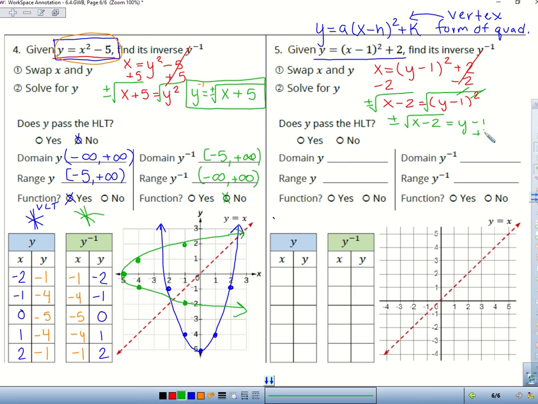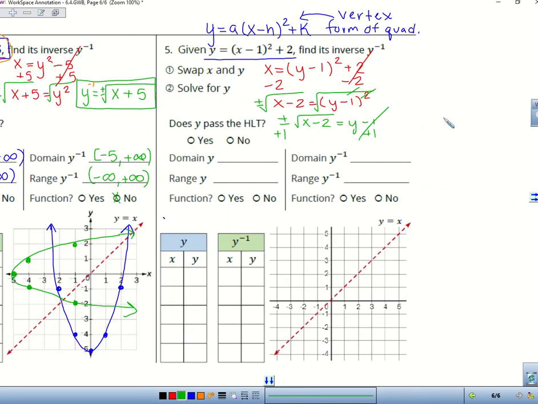Last thing I have to do is add 1 to both sides. That gives me y is equal to 1 plus or minus the square root of x minus 2. Good news is you don't have to graph that because we have an easier way to graph, right?